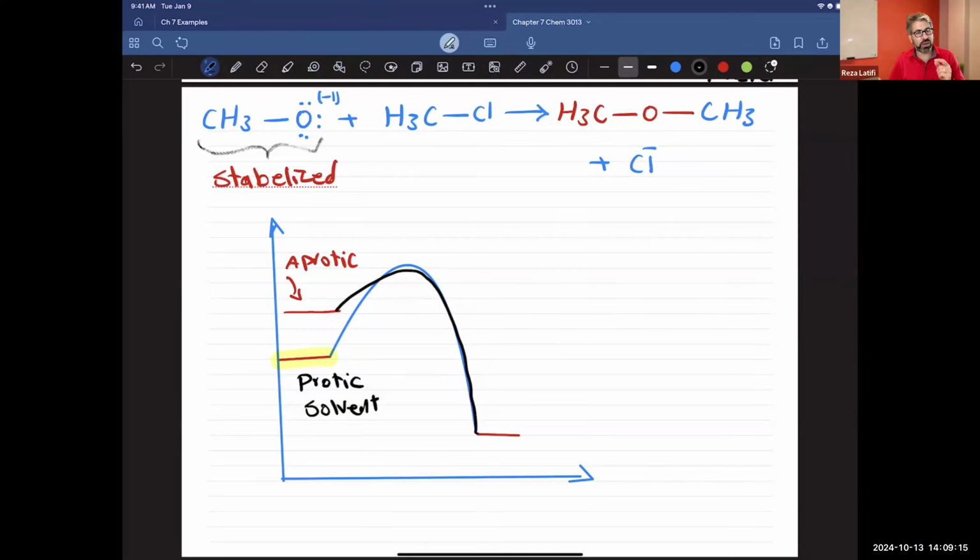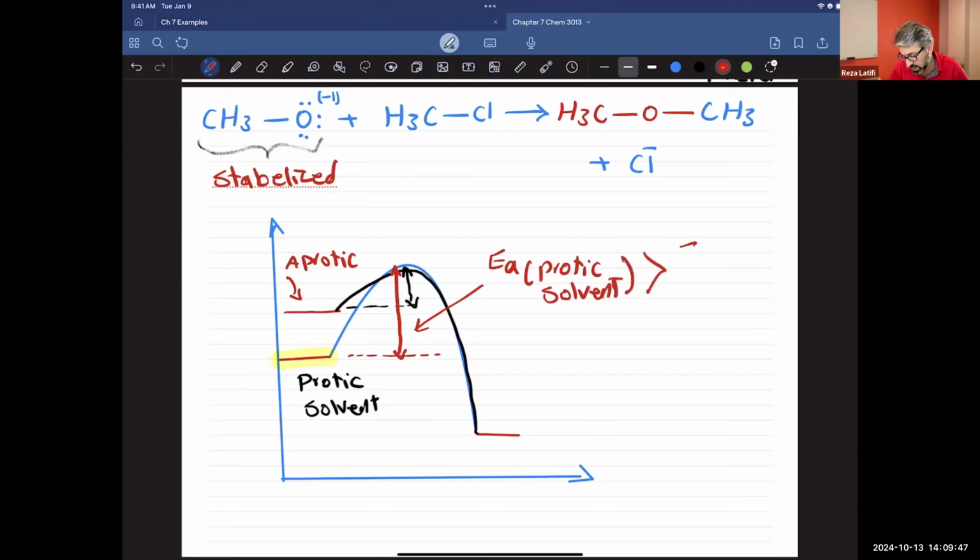Okay. And when you have a protic solvent, the activation energy is going to be this. This is the activation energy. When you have a protic solvent, because the nucleophile gets more stable, the activation energy will be bigger. So the activation energy in a protic solvent is higher than the activation energy in an aprotic solvent.